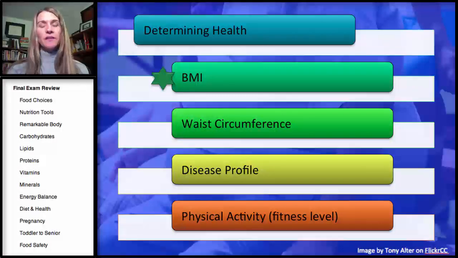So the other ways that we actually look at determining health based on weight: one, we have the BMI, but two is our waist circumference. Next is the disease profile, and then physical activity. So looking at all of these factors will help determine somebody's health. Now, those based on either weight, height, or adiposity are going to be BMI and waist circumference.